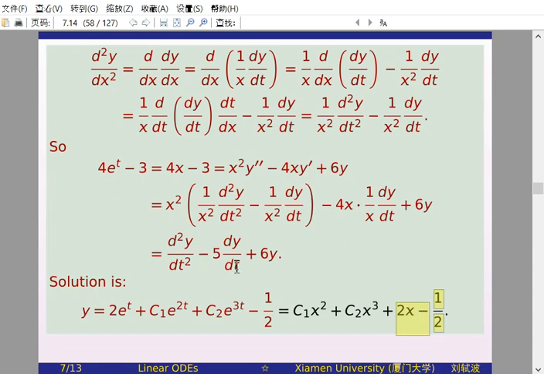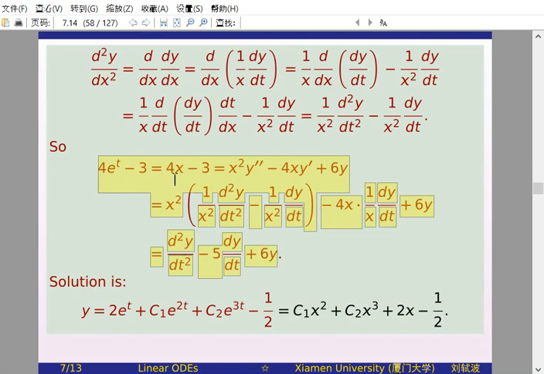So in other words, to get the general solution of this non-homogeneous equation, you can solve the homogeneous equation, then use the method of undetermined coefficients to get a particular solution of the non-homogeneous equation.